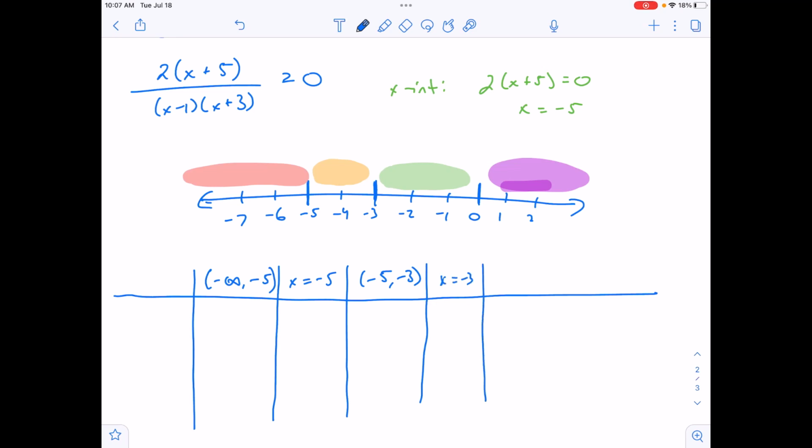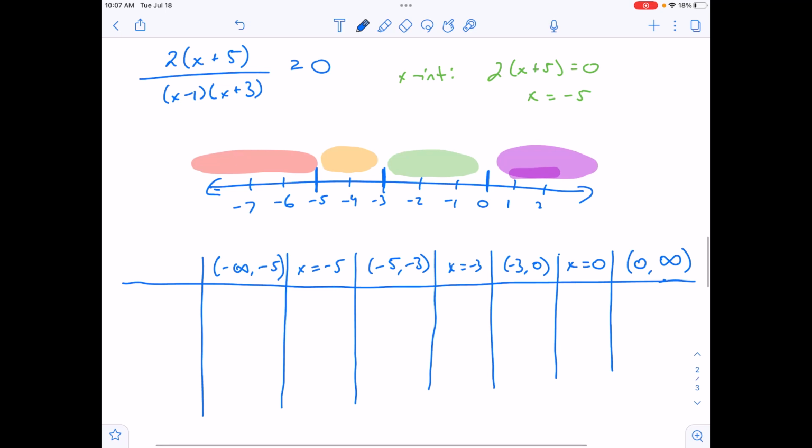I need everything between negative 3 and 0. I need at 0. And then I need everything from 0 to positive infinity. And I write my function down here, 2x plus 5 over x minus 1, x plus 3.